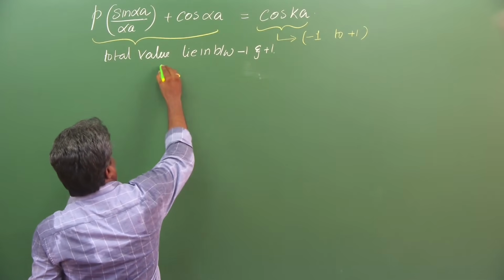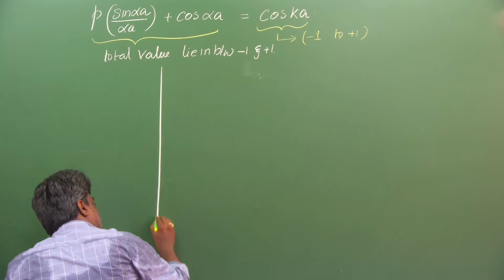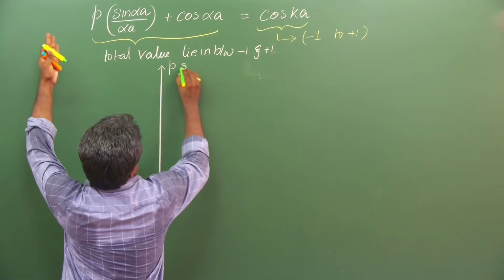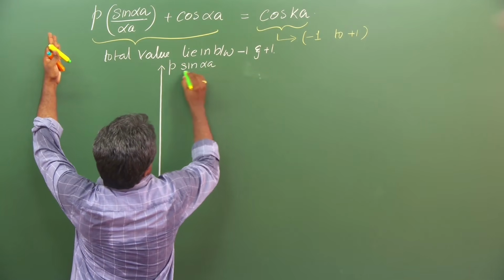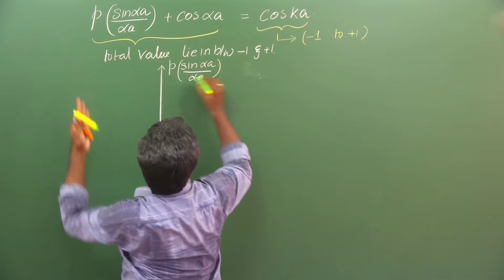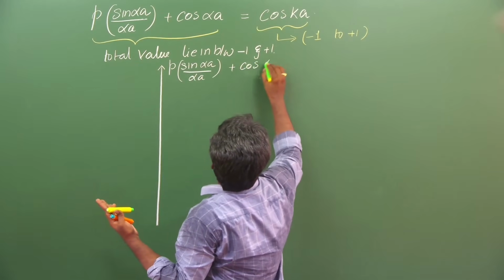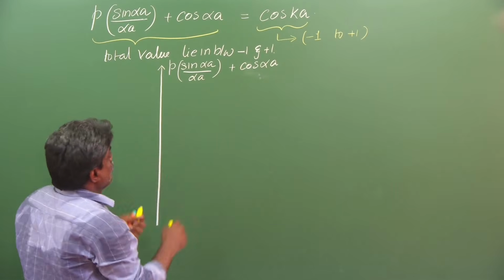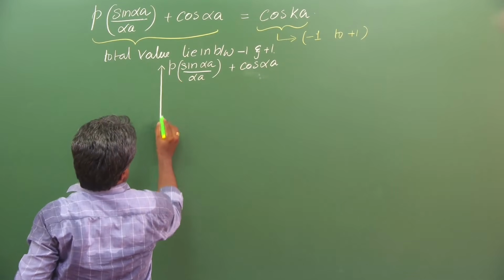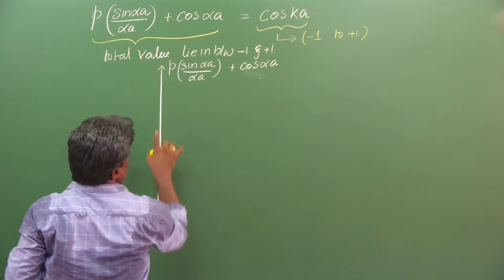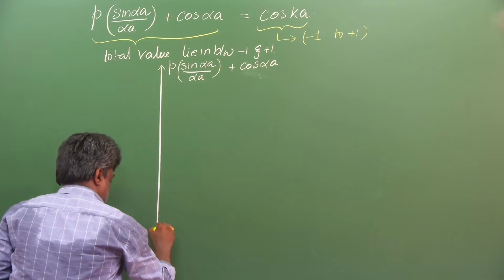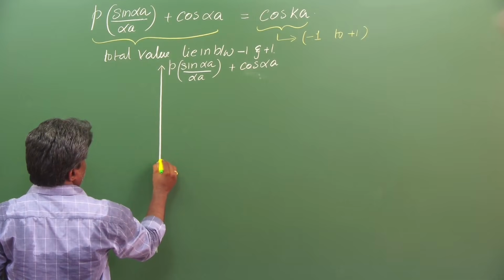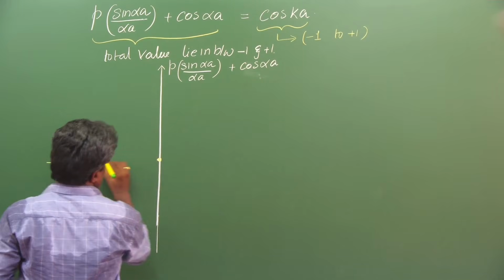Now see. Now I am taking the graph. This is the y-axis. I am taking P sin alpha A by alpha A plus cos alpha A. Is it clear? Because this value definitely lies in between +1 and -1, now I am taking somewhere 0.